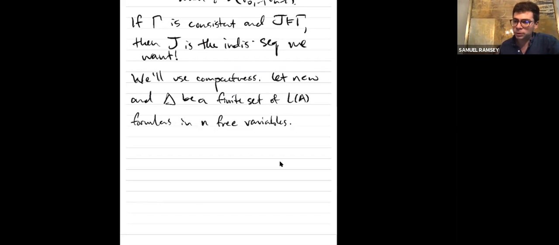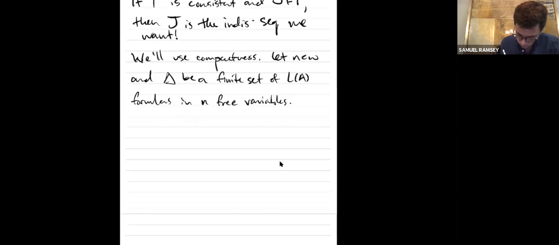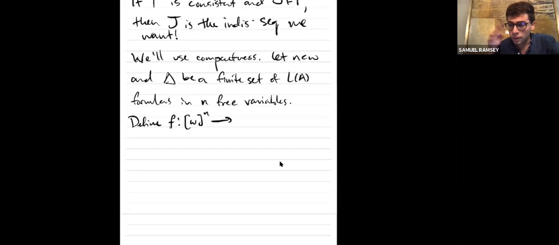So what we'll do is we will use Ramsey's theorem. So we need to cook up a certain coloring. So what we'll do is we will define F, which goes from n-element subsets of omega to a finite set of colors. And what is the finite set of colors that we'll take? Well, what we'll choose it to be is just the power set of delta.